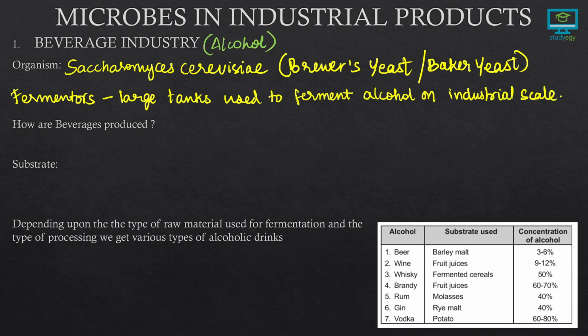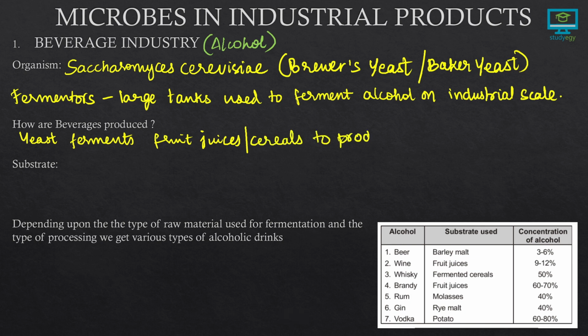So how are the alcoholic beverages produced? The yeast ferments fruit juices and cereals to produce ethanol.